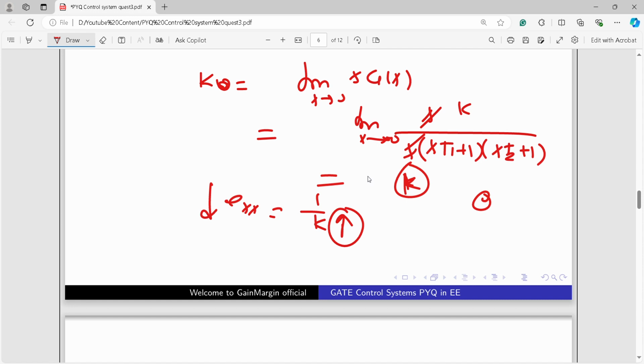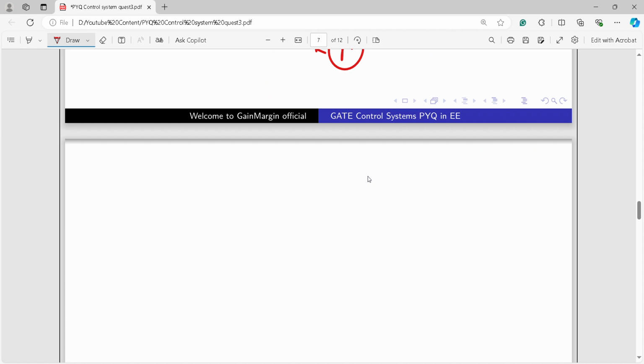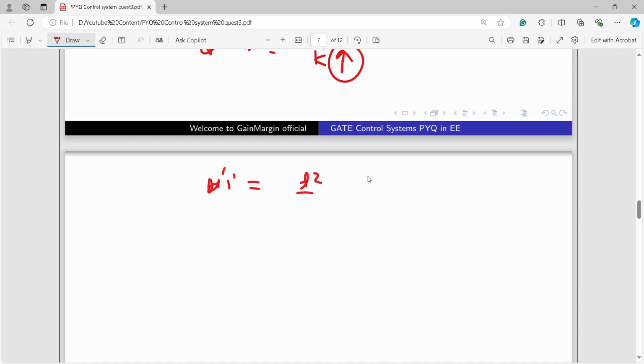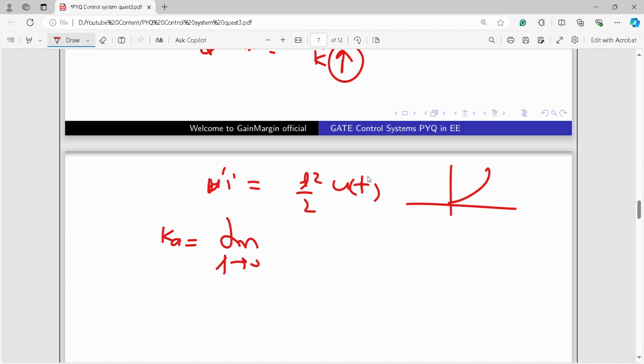And then finally, if you go for a parabolic input, we can say acceleration constant. Parabolic means the input is t square by 2 u(t). For this, what is the acceleration constant? The standard is Ka equals limit s tends to 0 of s square G(s).